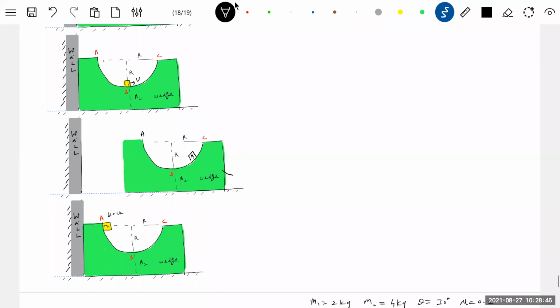Normal reaction N1. So the block will have some velocity V1, V2, VR, I'll write it with respect to the wedge.